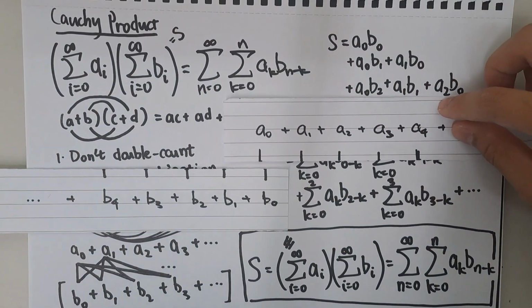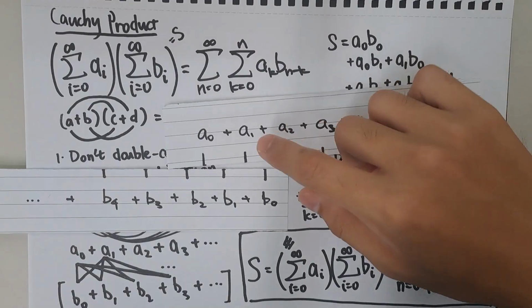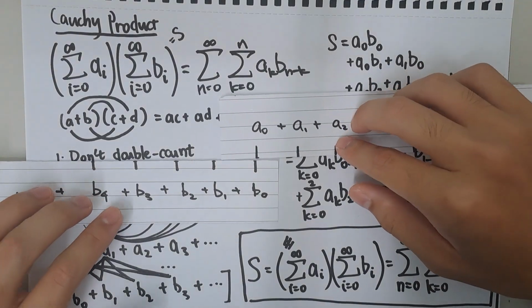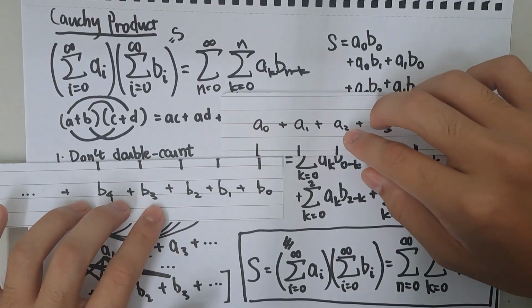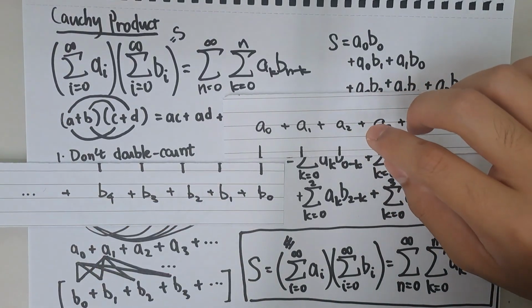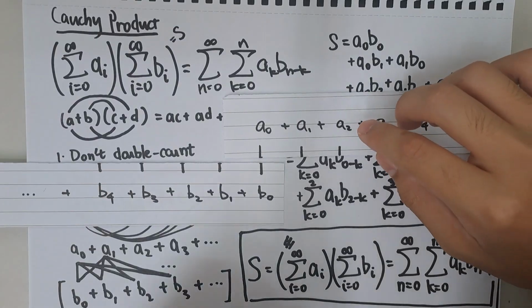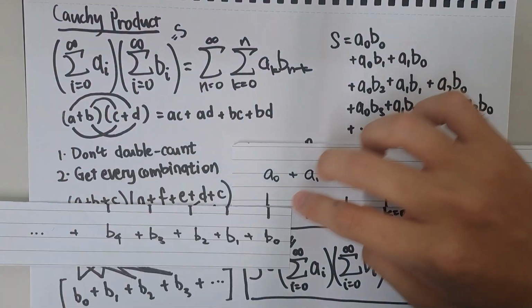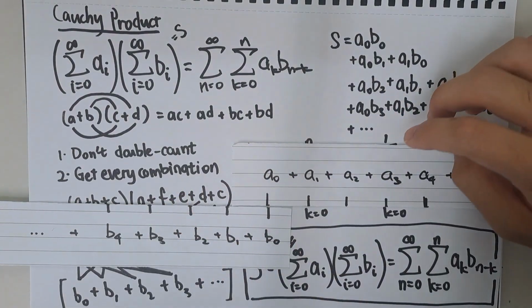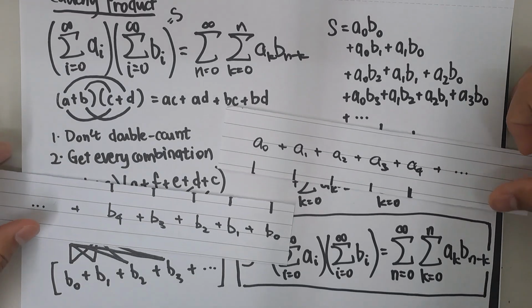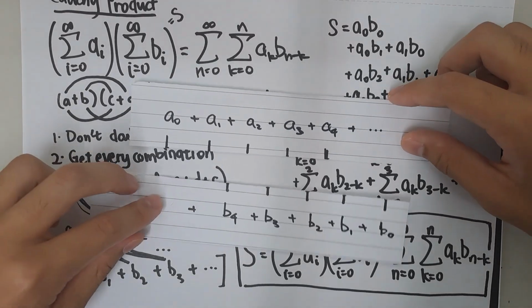And the same can be said for every term in the A series. By symmetry, you can say the same for every term in the B sequence. So here, we don't double count, and we do get every combination, so we're good to go there. That's just a gut check to make sure that our algorithm is correct.